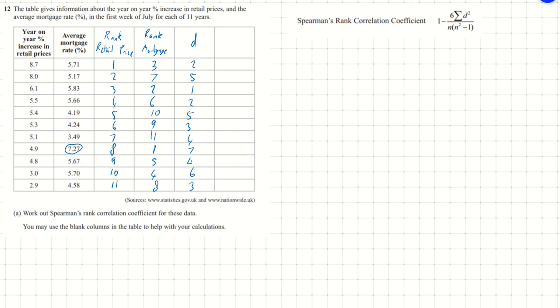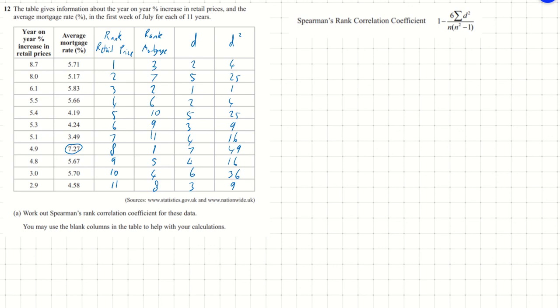And 3. Okay, and we're going to also create a column which is d squared, the square of these differences. So 4, 25, 1, 4, 25, 9, 16, 49, 16, 36, and 9. And that's the table set up in order to use the formula.